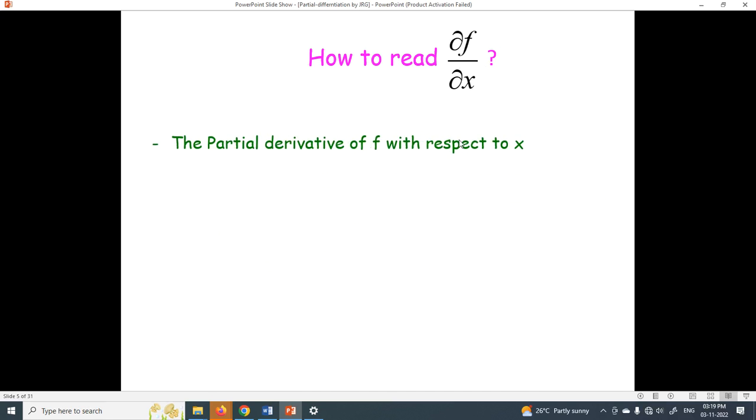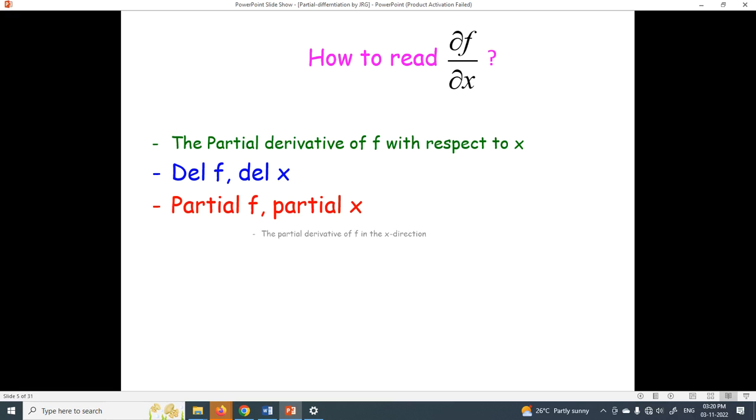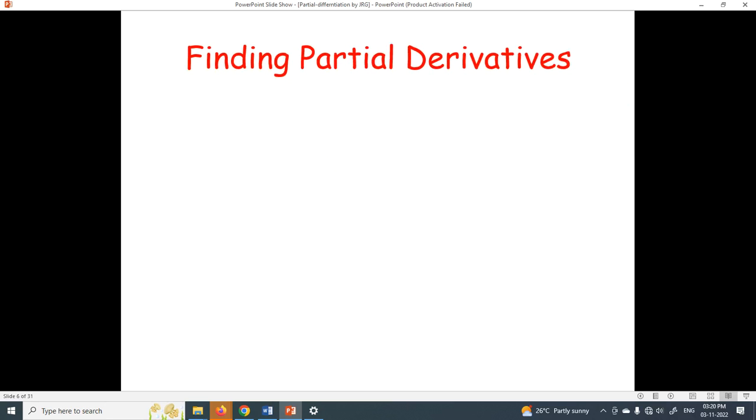Please remember this dou f upon dou x. We read this as partial derivative of f with respect to x. Next we see del f, del x, partial f, partial x, partial derivative of f in x. So these all are the same.